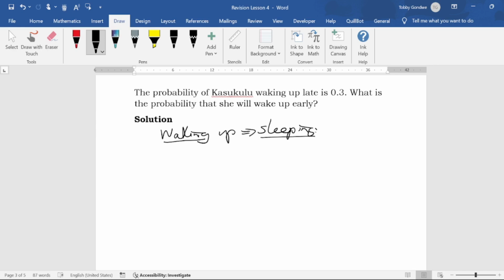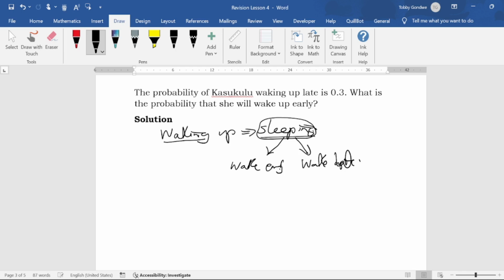So when you are sleeping, there are two chances: one, you wake up early, or you wake up late.